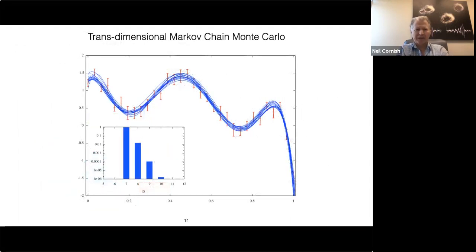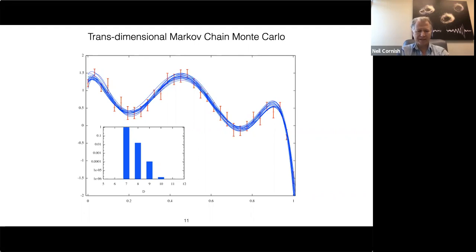Now, just a word about this transdimensional modeling. Here's an example where a degree D polynomial is being used to fit a collection of data points, and the blue traces here are samples from a transdimensional Markov chain Monte Carlo that was fitting these data points.